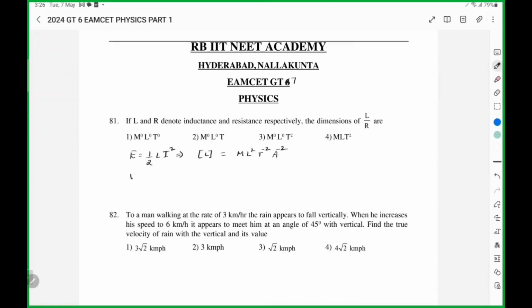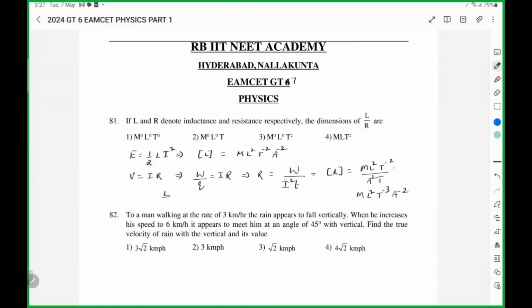Similarly, V is equal to IR. Here V is W by Q. So resistance is W by Q into I, that is W by I squared T. So the dimensional formula of resistance is M L square T power minus 3 A power minus 2.